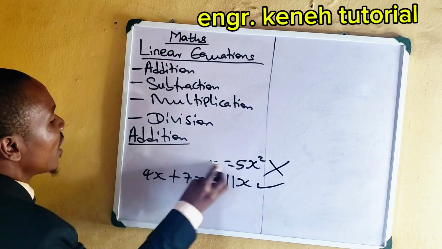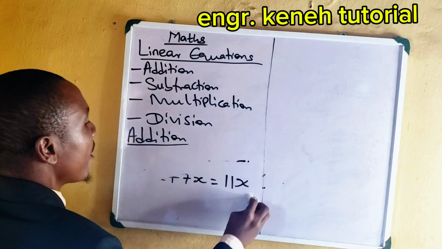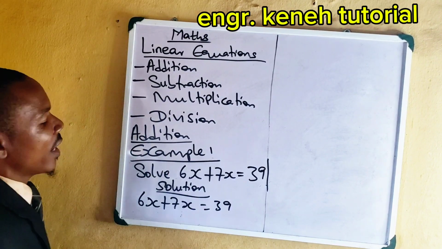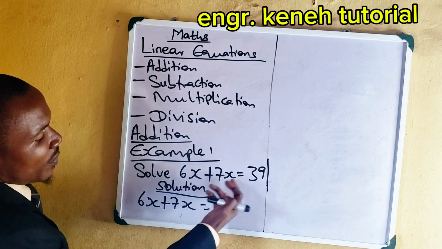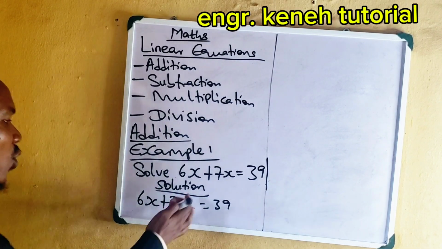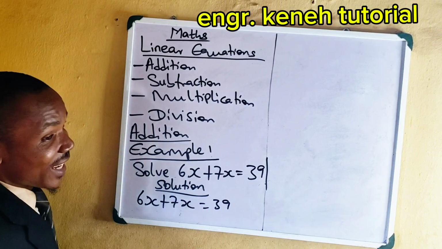Right? Let's solve an example that will help you to understand it better. Pay adequate attention. All right, we have example 1. Example 1 says solve 6x plus 7x equals 39. We have the solution like this, and we bring down this here. So we collect like terms.